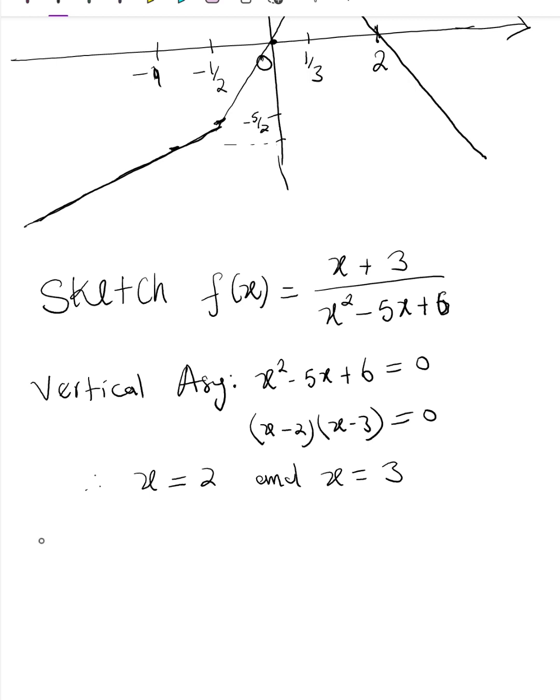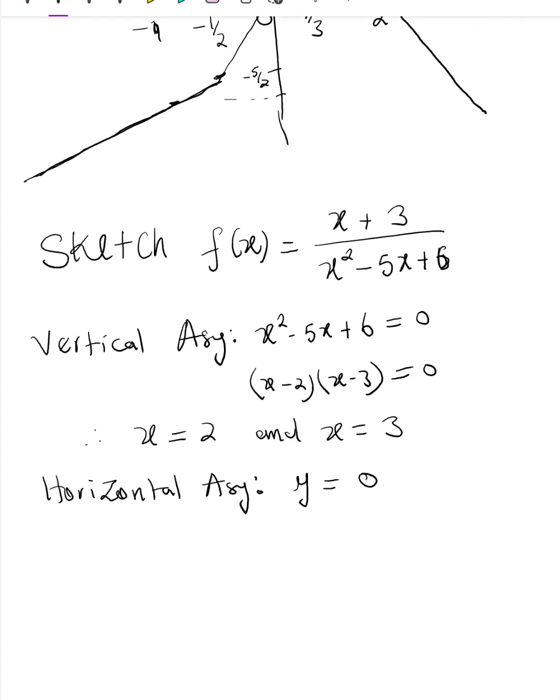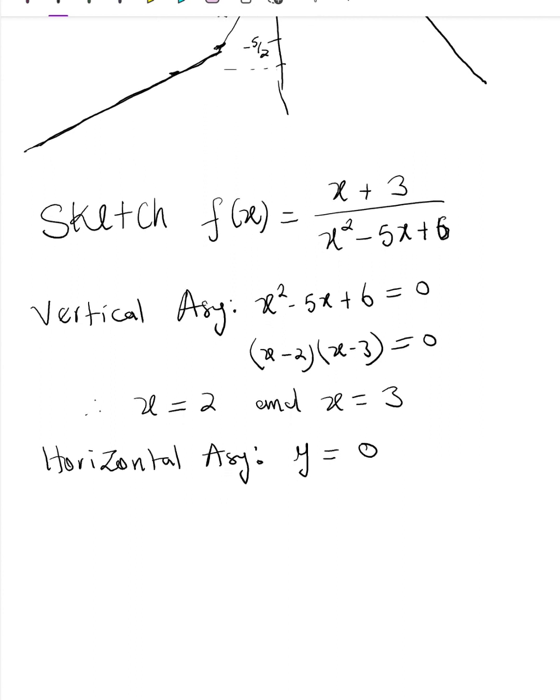Now for the horizontal asymptote, you can see that the degree of the polynomial in the numerator is less than the degree of the polynomial in the denominator. So the horizontal asymptote is just the line y is equal to 0. Let us find the intercepts.